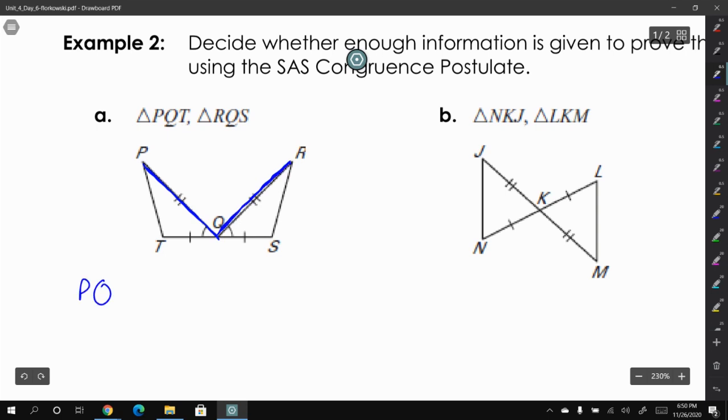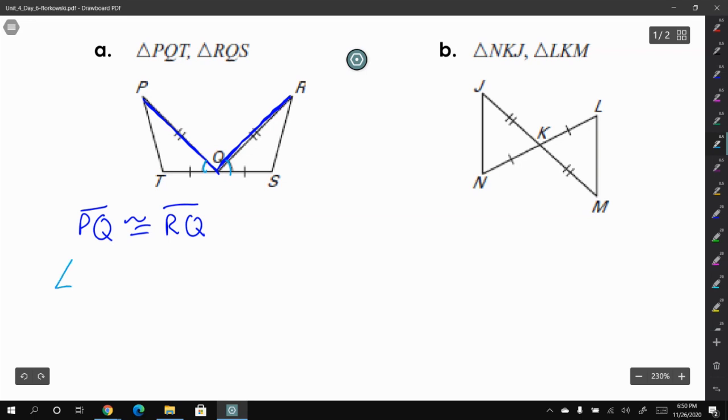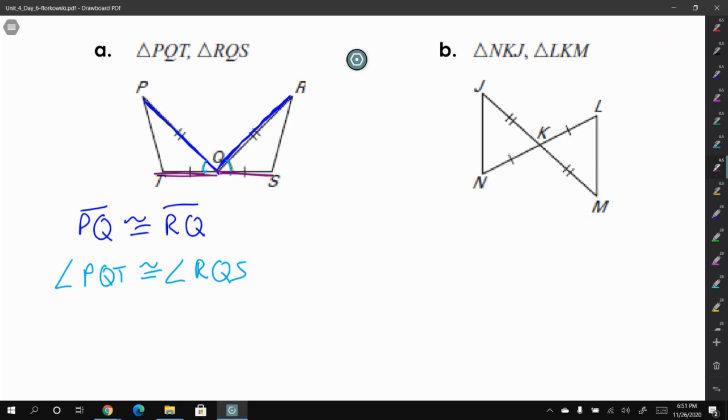So I have to write PQ is congruent to segment RQ, and we have this angle Q that is congruent in both of them. So let's write it out as angle PQT is congruent to angle RQS. And then TQ and SQ are congruent. They both have 1 tick mark. So TQ is congruent to SQ.